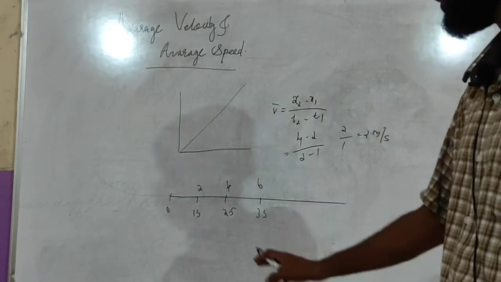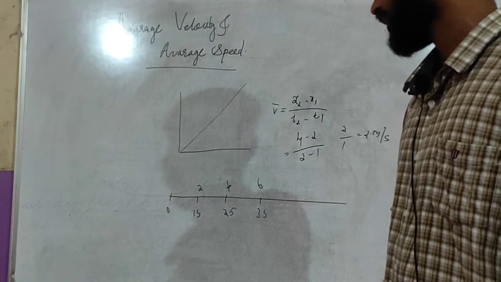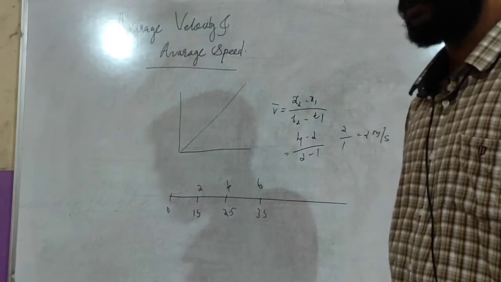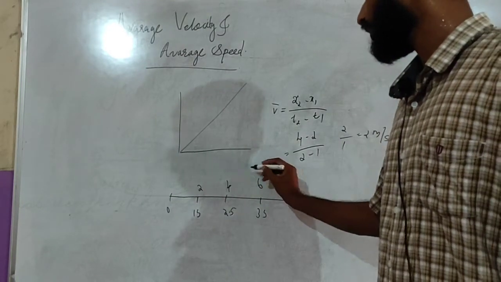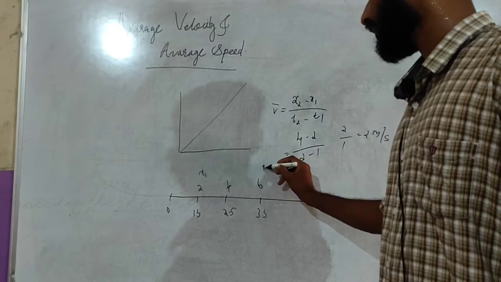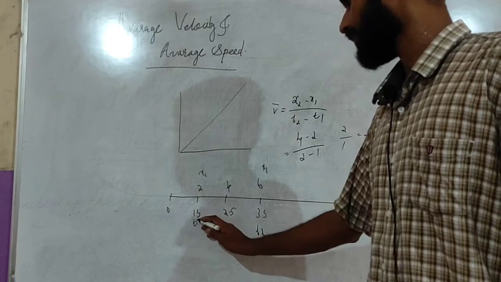Now we have considered 2 and 4. Instead of that, if you are considering 2 and 6, the position 2 will be x1 and position 6 will be x2. So, this will be t2 and 1 second will be t1.